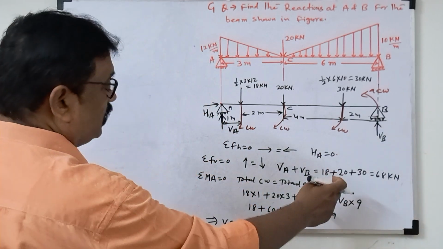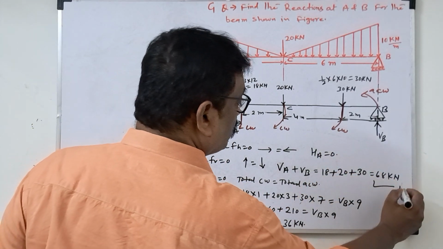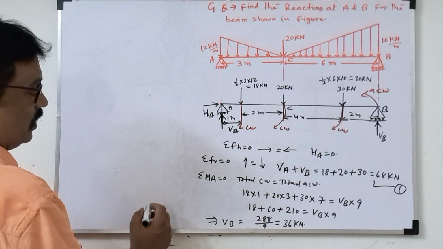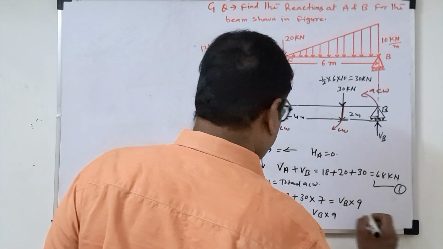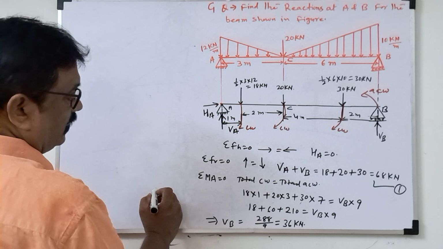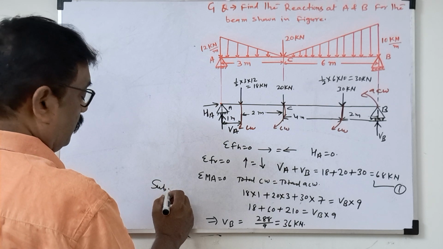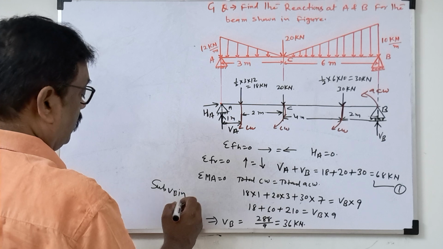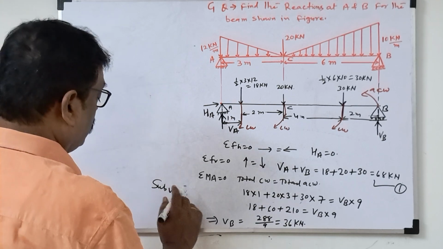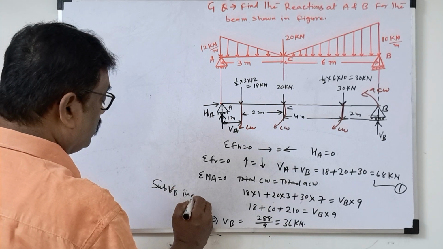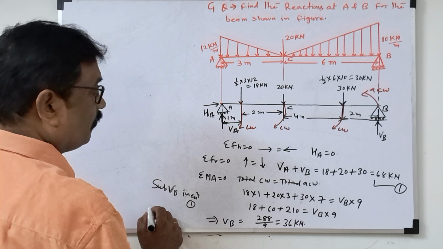Now suppose you give this equation number 1. Substituting VB in equation 1, what will come?